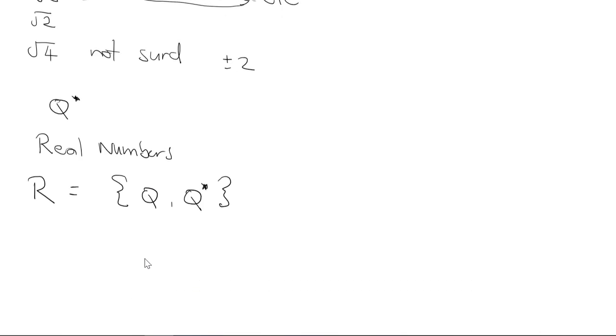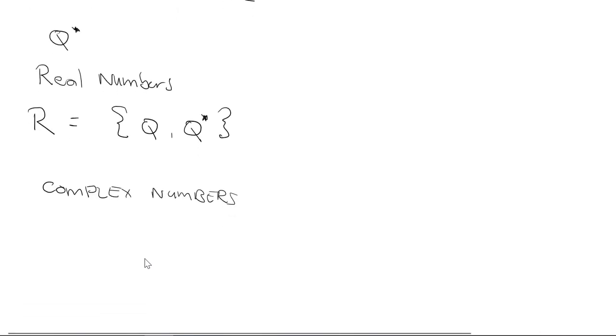So what's next? We could go further and identify a set called the set of complex numbers. The set of complex numbers are roots of negative numbers. For instance, root of minus 2 is a complex number. The root of minus 3 is a complex number. The root of minus 5 is a complex number.